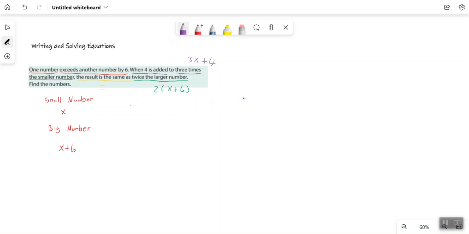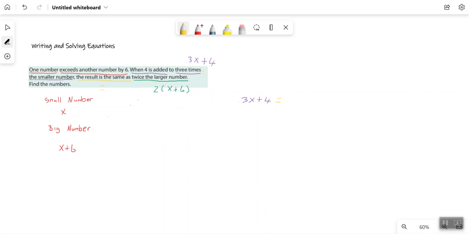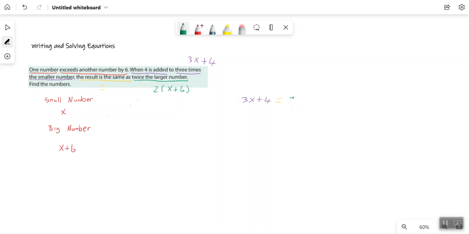It's going to be 3x plus 4 is equal to this piece here, 2 times x plus 6. So that's the first part.